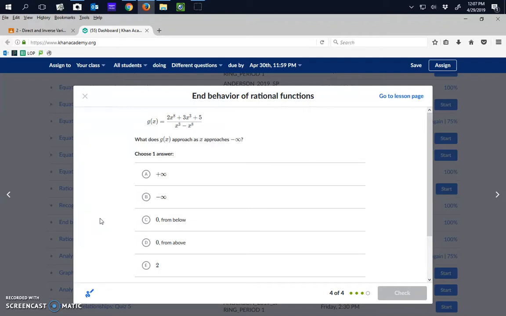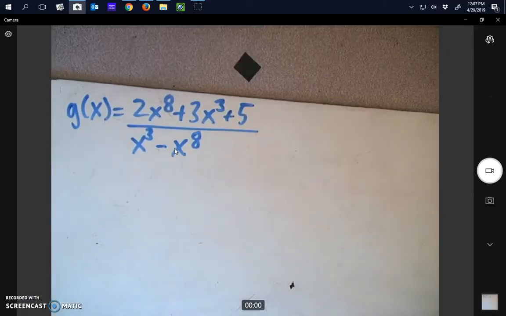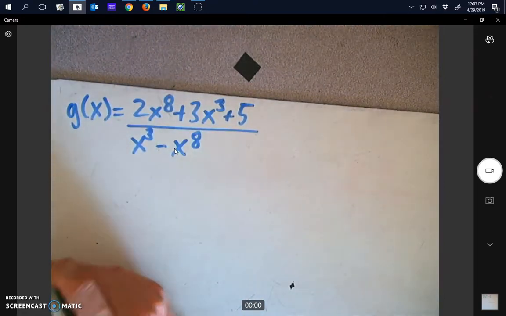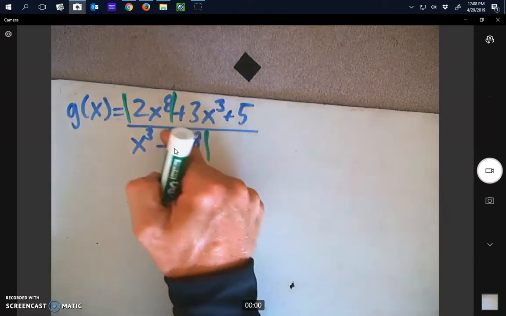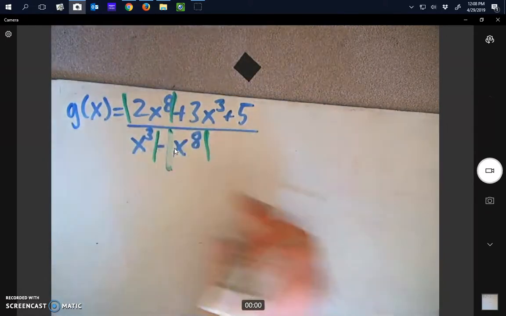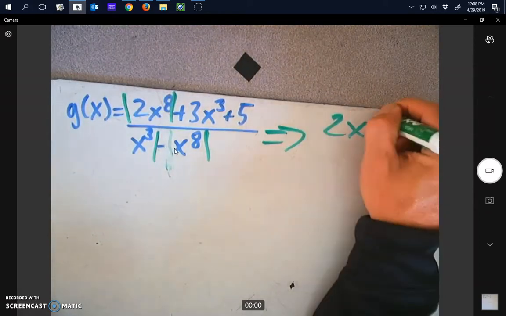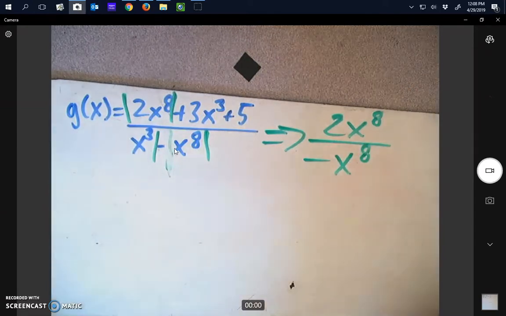Or we could also look at the leading coefficients first. So we have 2x to the 8th plus 3x cubed plus 5 all over x cubed minus x to the 8th. Isolate your leading terms. So actually that should be negative. Okay, so we rewrite it: 2x to the 8th all over negative x to the 8th.